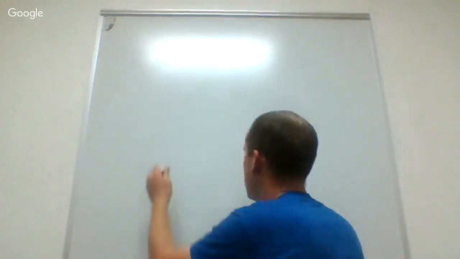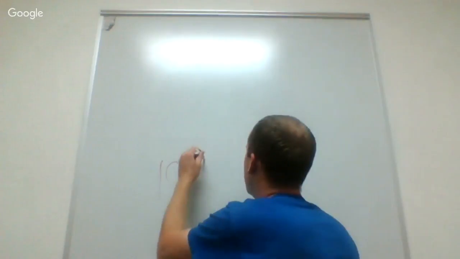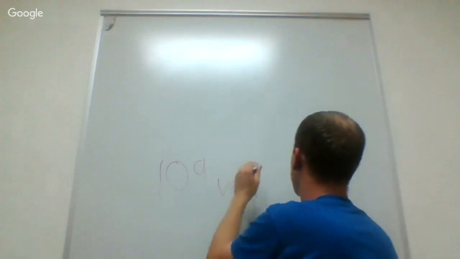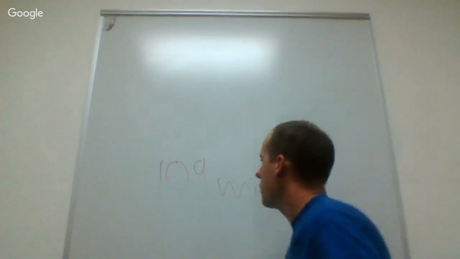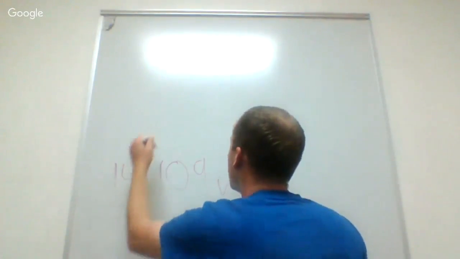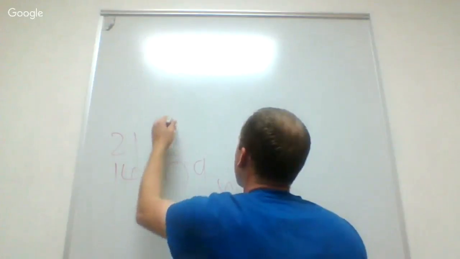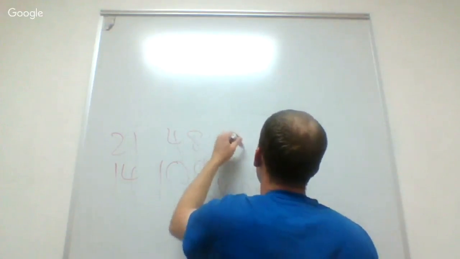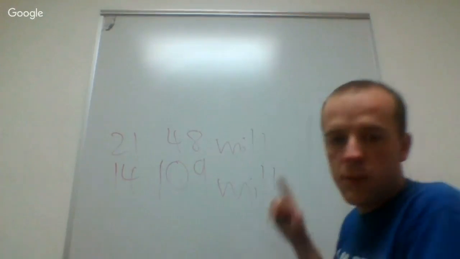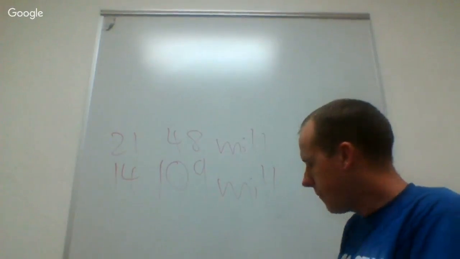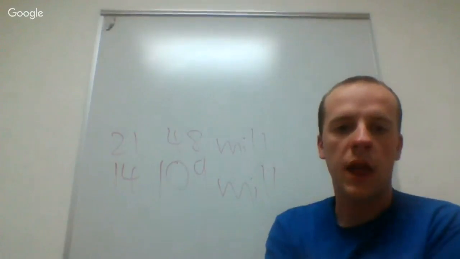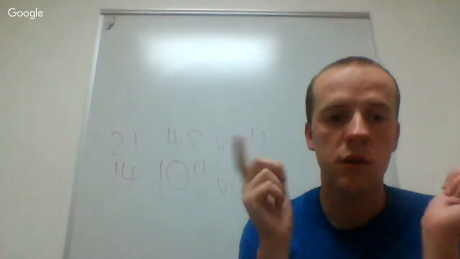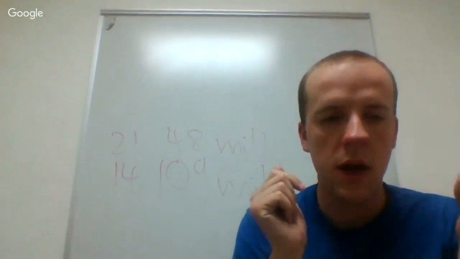Chromosome 14 is 109 million base pairs long, and chromosome 21 is 48 million base pairs long. Then it says that the 2 of them translocate, so they fuse together.